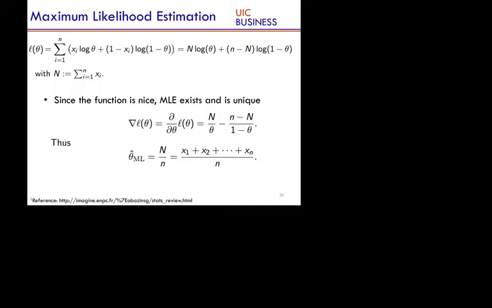You can take the gradient, set it to 0, and check at what value of theta it is equal to 0. The value of theta is going to be capital N over the total number of samples, where we define capital N as the sum of all the x values.